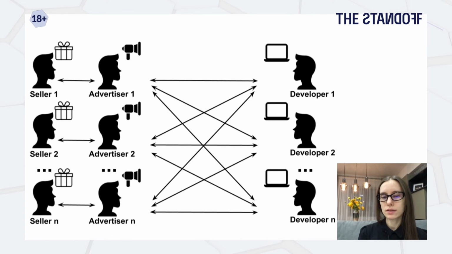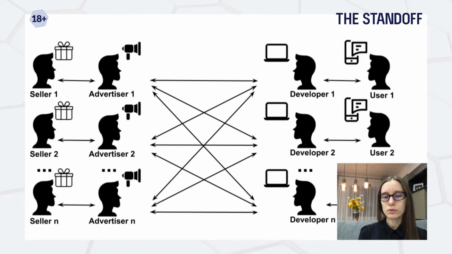However, an advertiser doesn't contact potential customers directly. Instead, he develops a software development kit, shortly called an SDK. The SDK is embedded by developers in their applications or websites. The users of these applications and websites are the ones that are actually shown the ads.